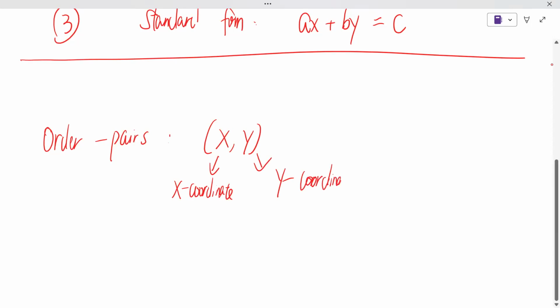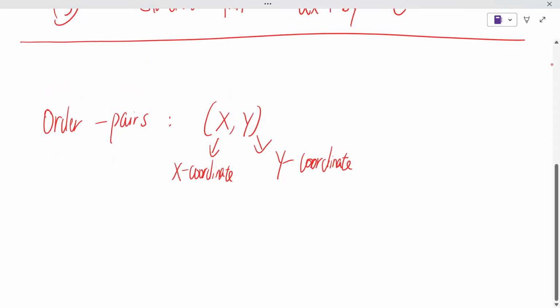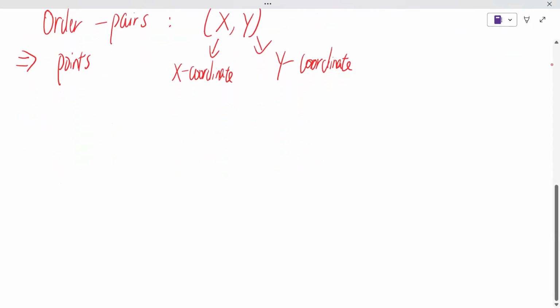Each pair gives us what we call a point on the Cartesian system. An ordered pair is the same thing as a point on the Cartesian system.